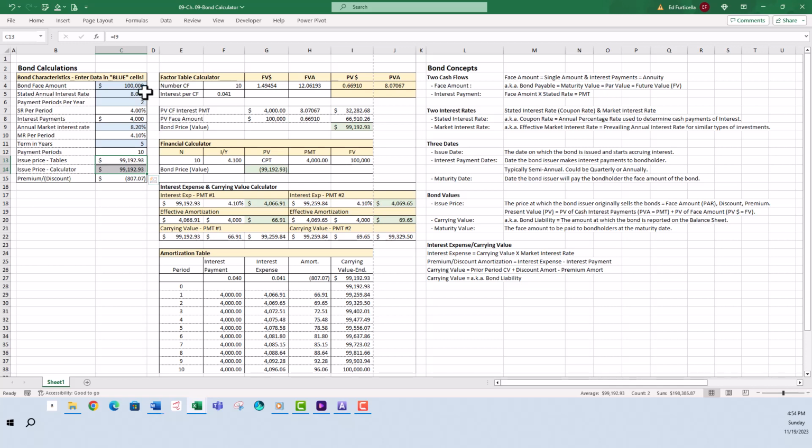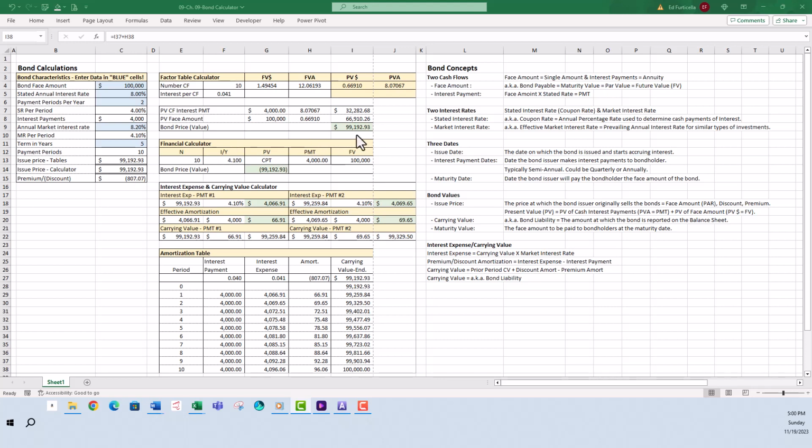So in this case, the discount is the difference between $100,000 and $99,192.93, or $807.07. Look at the calculations for the tables. Look at the calculations for the financial calculator. In this case again, both values are exactly the same.